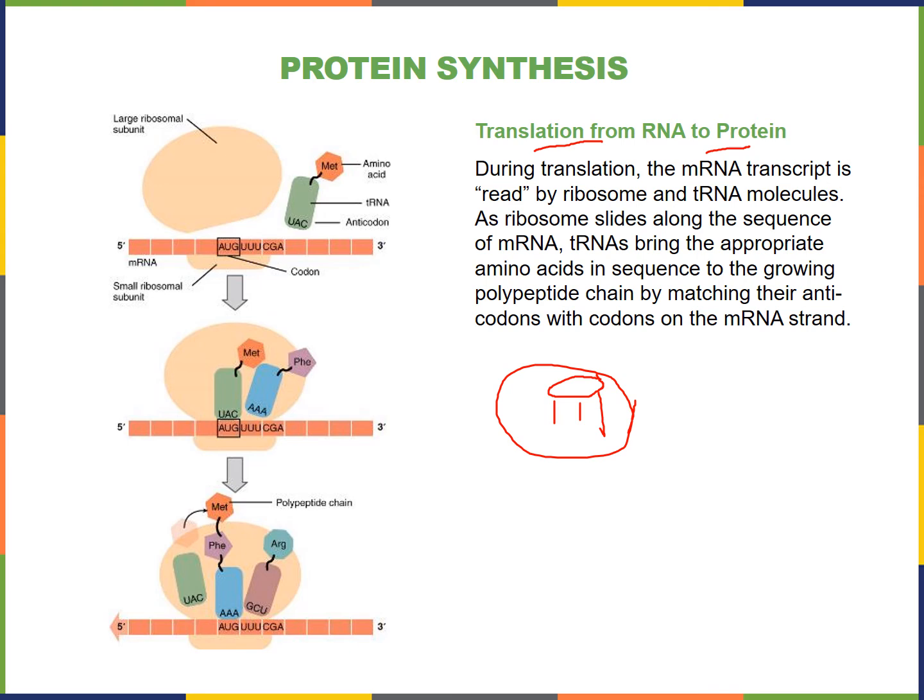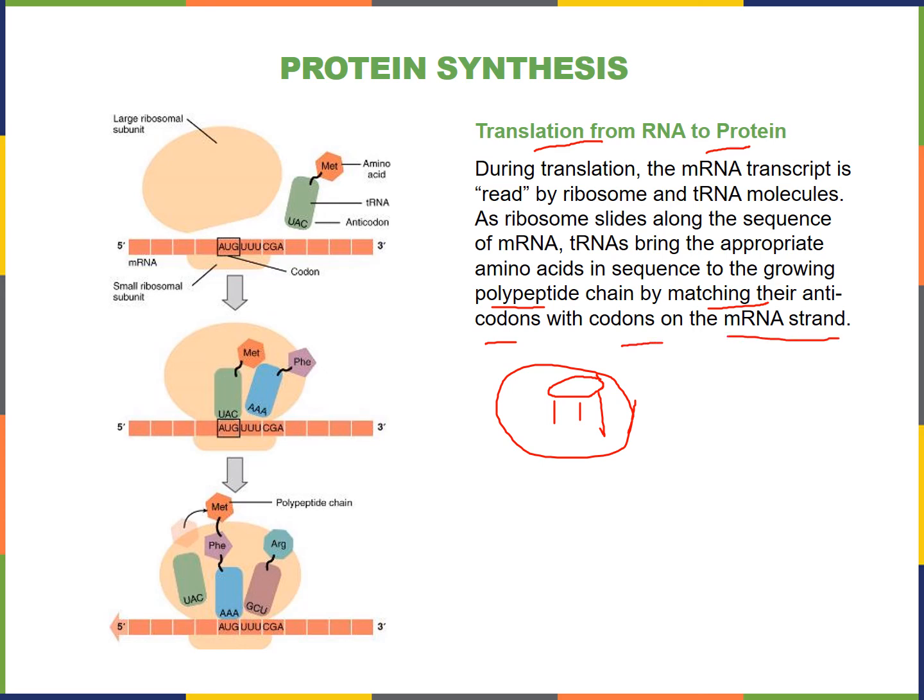During translation, the messenger RNA transcript is read by the ribosome and transfer RNA molecules. As the ribosome slides along the sequence of messenger RNA, transfer RNAs bring the appropriate amino acid in sequence to the growing polypeptide chain by matching their anticodons with codons on the messenger RNA.